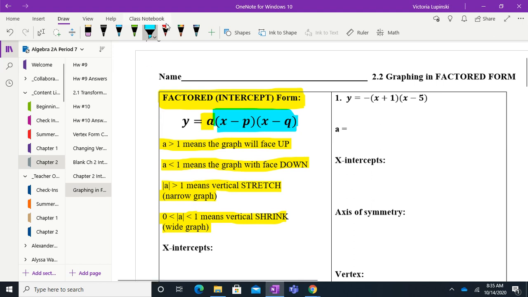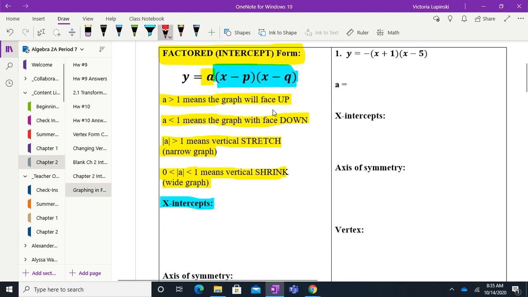So as we've seen so far, each form kind of has a set of characteristics that you're being asked to find, and you're being asked to find them in the order that makes the most sense. So because this is called factored or intercept form, the first thing that makes the most sense to find is actually the x-intercepts. So to find the x-intercepts, here's what you're going to do.